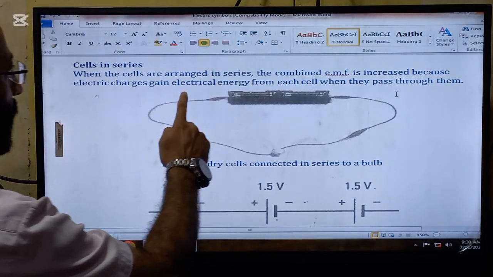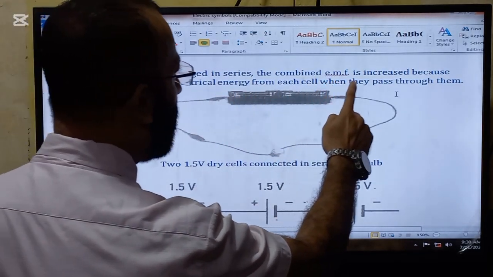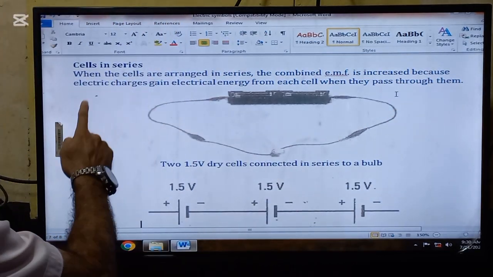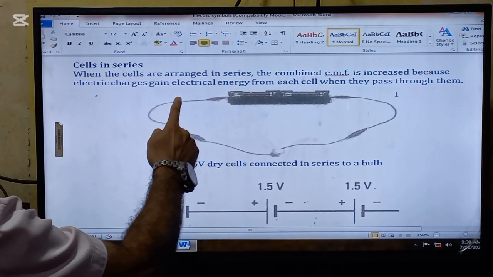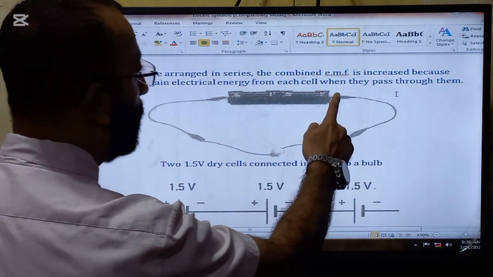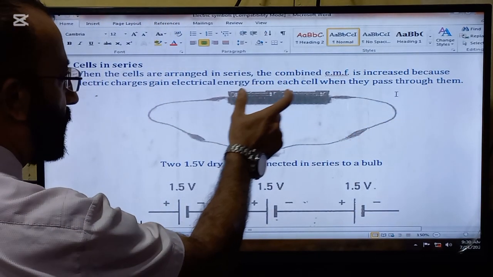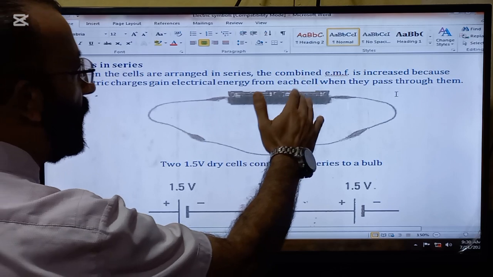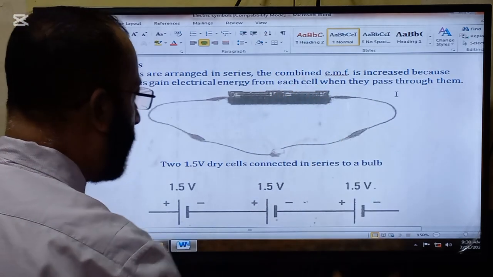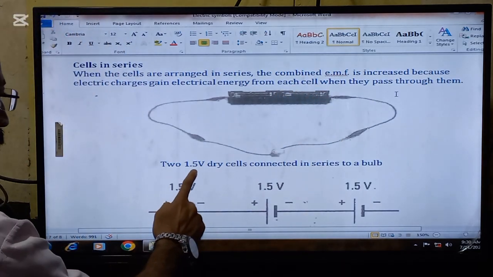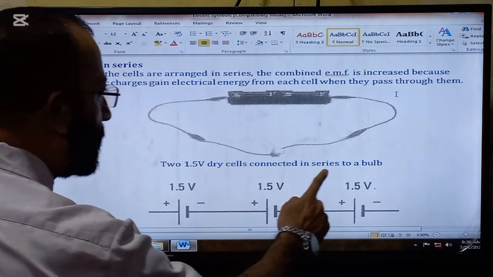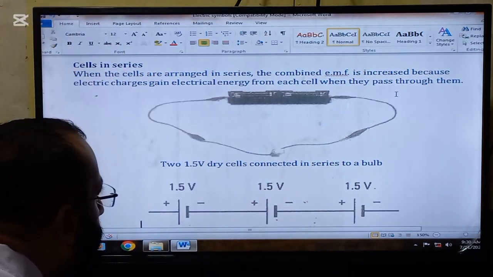When the cells are arranged in series, the combined EMF is increased because the electric charges gain electrical energy from each cell when they pass through them. So when the cells are arranged in series, the combined EMF is increased. Two 1.5 volt dry cells connected in series to a bulb.